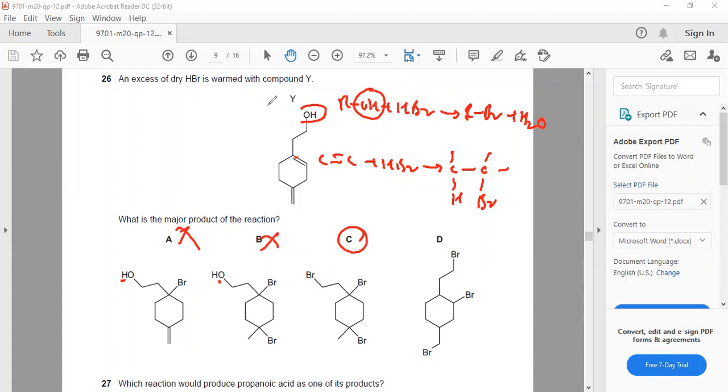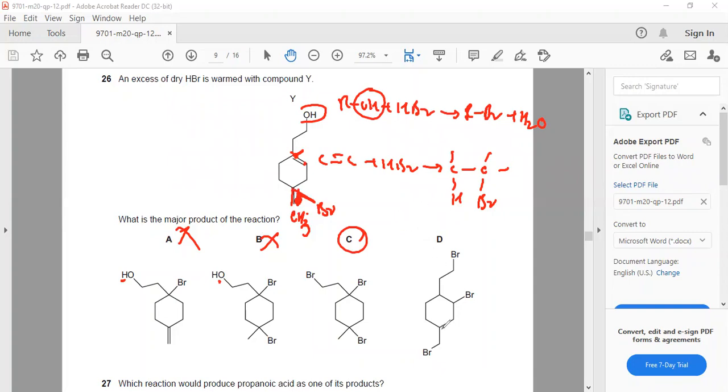So C is the answer because the OH is substituted. Okay. So sorry, this carbon also got H and Br. And this is the double bonded carbon where it is CH2. So CH2 will become CH3, and there will be Br here, and there will be no double bond, right? So which is why C is the answer. Why is D wrong?